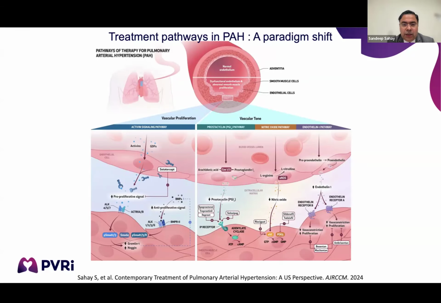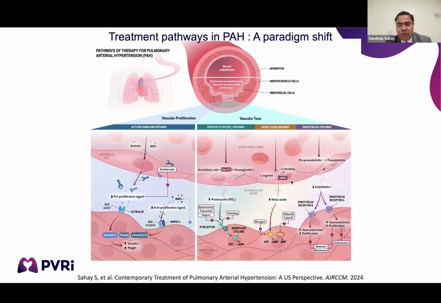It is believed to be anti-proliferative. It does not primarily work on a vasodilatory pathway or mechanism. On the right side, the 3 traditional pathways, all of these drugs do have some anti-proliferative properties as well, but primarily act by causing vasodilatation.